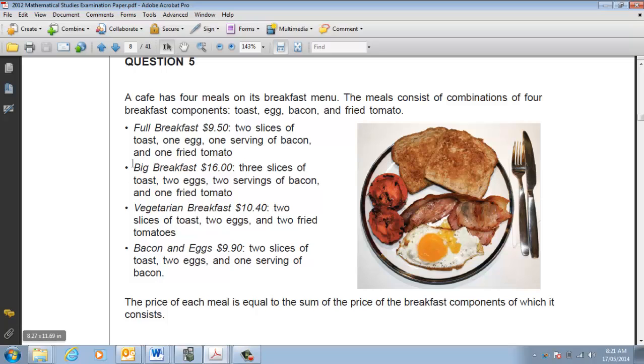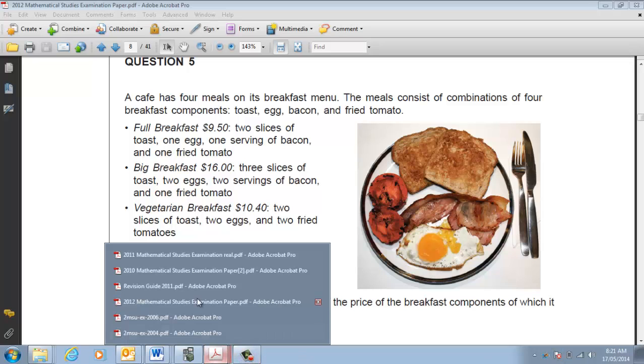So here you've got 1, 2, 3, 4 equations. You need 4 equations because you've got 4 unknowns: eggs, bacon, tomato and toast. Get the idea? So that's a very typical example of one where you have to come up with your own equations and solve them. Let's go to another exam.